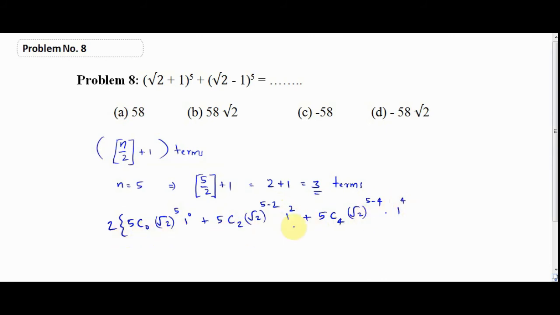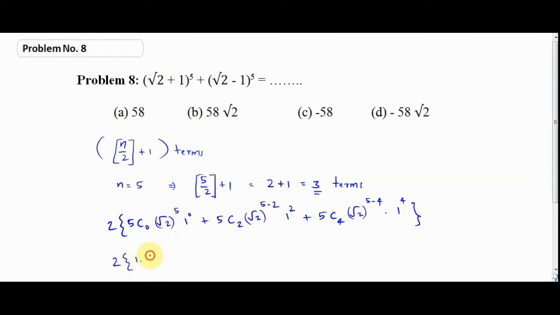So we have 3 terms here. So number of terms is 3. So we may close the bracket. Okay. So this will be the expansion corresponding to this one. Okay. So now let's try to simplify. So this will be equal to 2 into 5C0. 5C0 will be 1. So 1 into root 2 raised to 5.